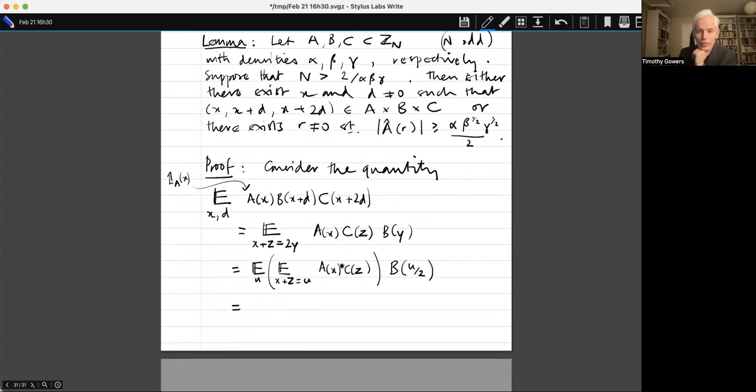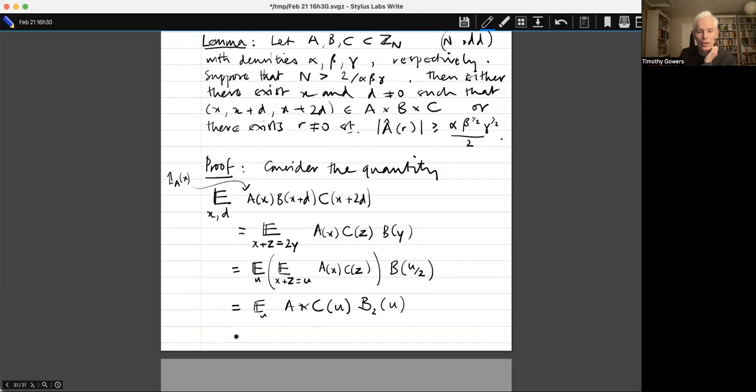And this thing here is just A star C evaluated at u. That's just the definition of convolution. And this B(u over 2), if you go back to when I stated and proved the dilation rule, I called that B2(u). So B2 stands for dilation in that sense.